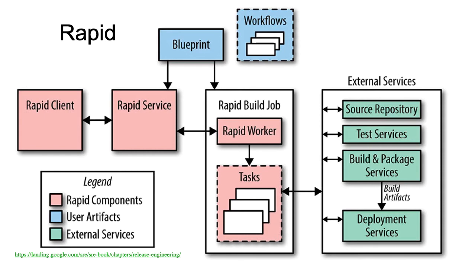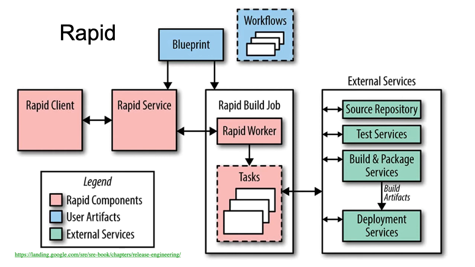And this is how Rapid looks. Rapid consists of a Rapid client, Rapid service, a Rapid build job, which consists of Rapid worker and tasks that are getting executed, and then the user artifacts, which include a blueprint and workflows.